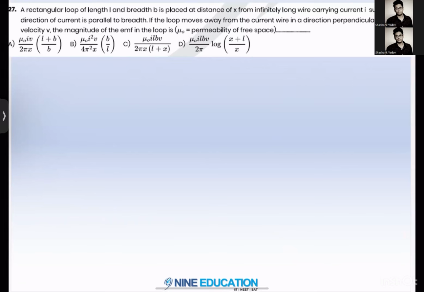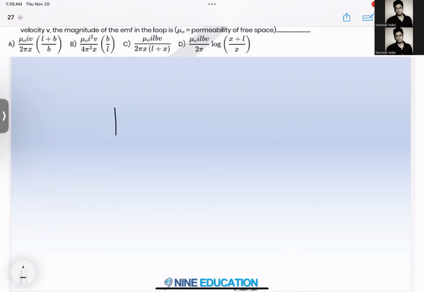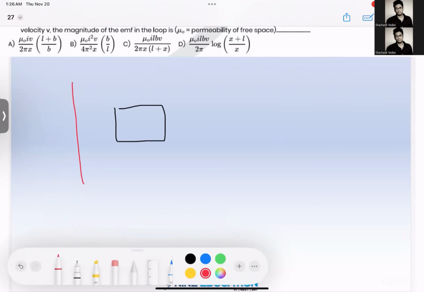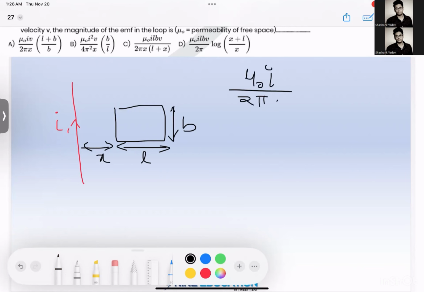So, if we draw the figure for this, we can say that there is a rectangular loop and a current carrying long wire. Let's say the current in this is I1. Then we can say at any distance from this wire, let's say this given distance here is x, and this distance given here is L, and this distance given here is B. So at a distance x, you can write the magnetic field is going to be mu naught I by 2 pi into x.